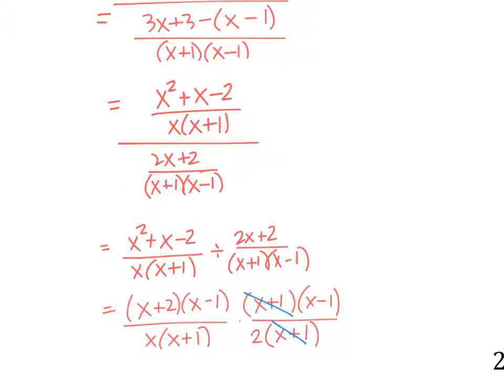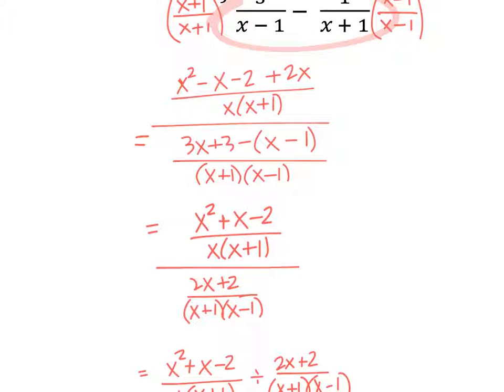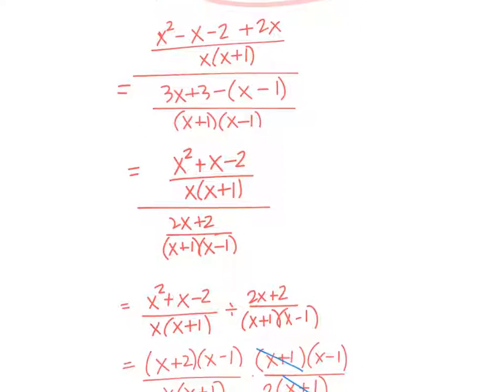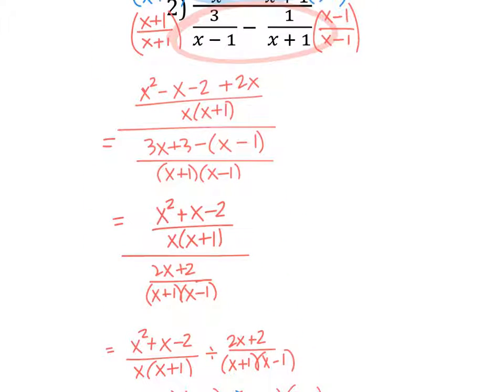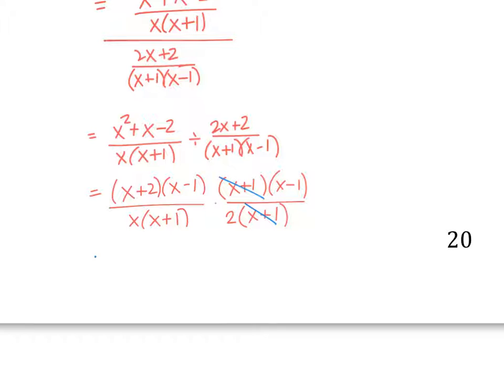X plus 3? 3x plus 3. Yes, but... Oh, I see. Okay, I don't remember what I did wrong. Sorry about that. Oh, thank you. The final answer is x minus 1 squared over 2x.